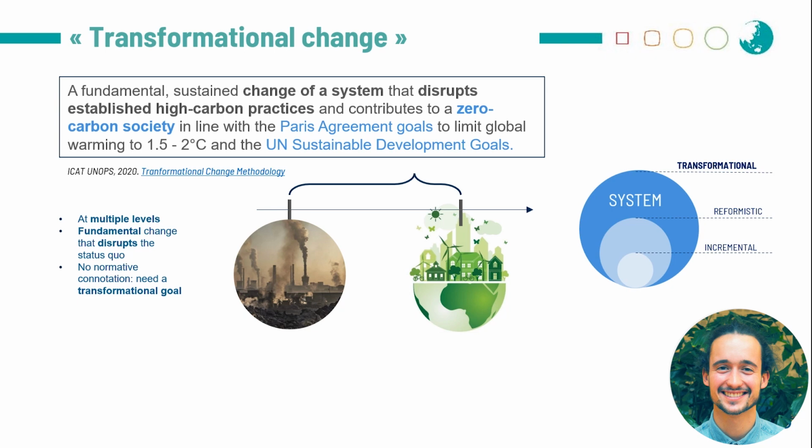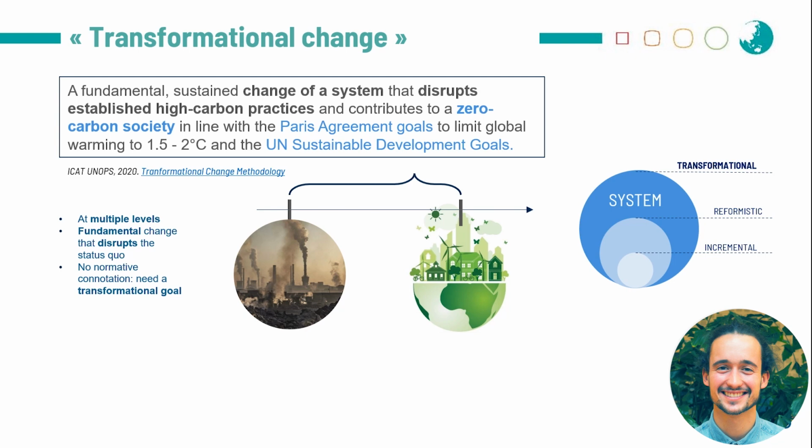So in this research, we are focusing on transformational change, which is basically defined at multiple levels as a fundamental change by opposition with incremental change, and which has no normative connotation in itself.